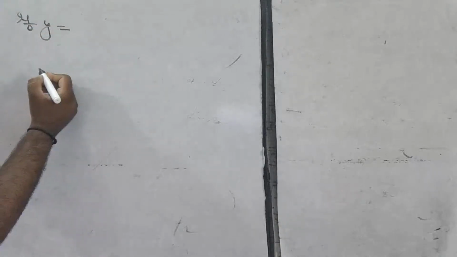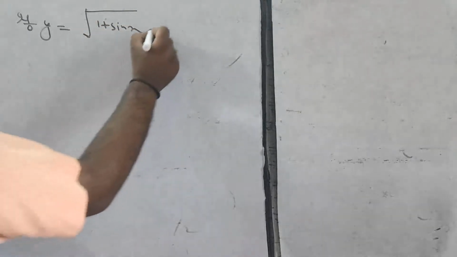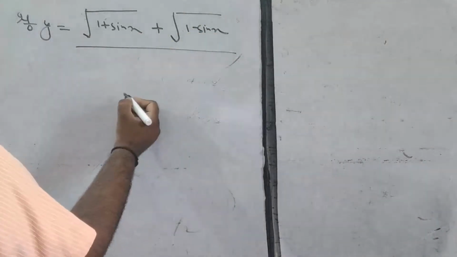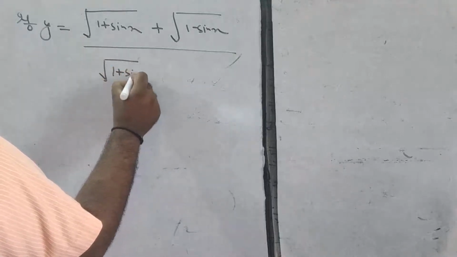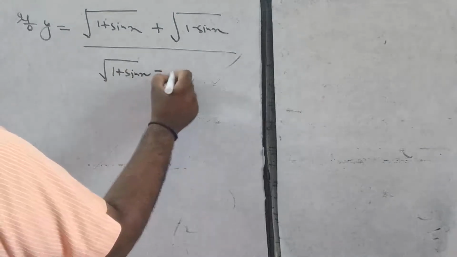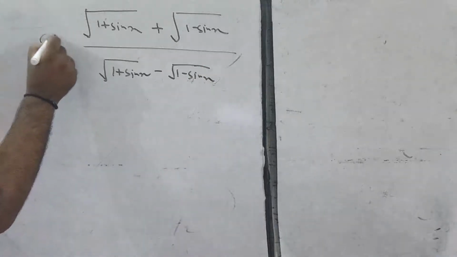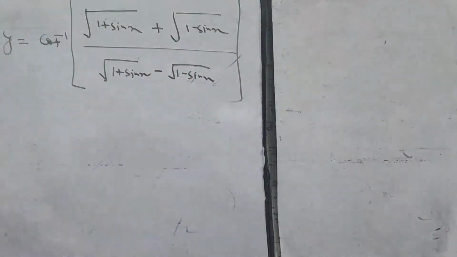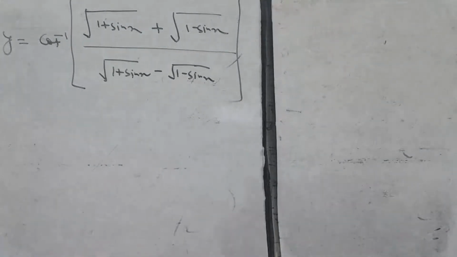Like if y is equal to cot inverse of under root 1 plus sin x plus under root 1 minus sin x upon under root 1 plus sin x minus under root 1 minus sin x, then you have to find the value of dy by dx.